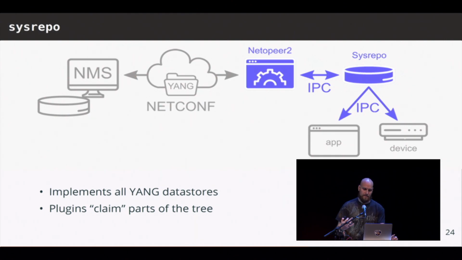And then that sends IPC to any of the plugins, because sysrepo is a plugin-based system where plugins can claim part of the whole tree within the YANG data store, either on a callback mechanism: if something happens in this part of the tree, please call this function and I will provide you with the data or the things you need, or the other way around: I claim this part of the tree, and I will update the data in the data store if needed.